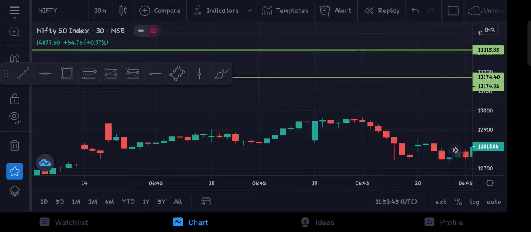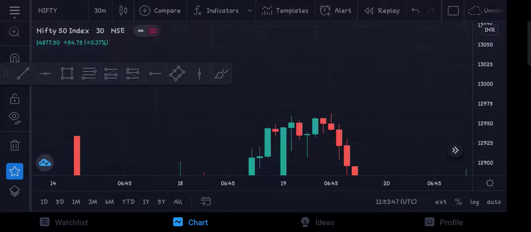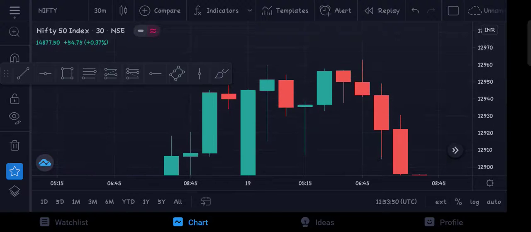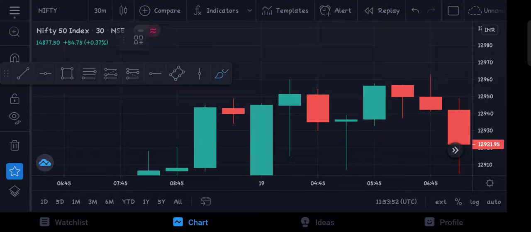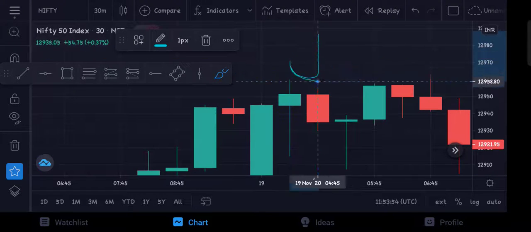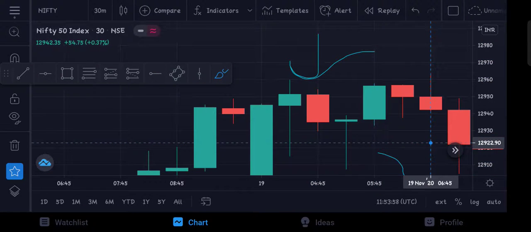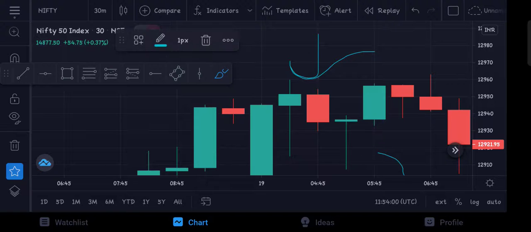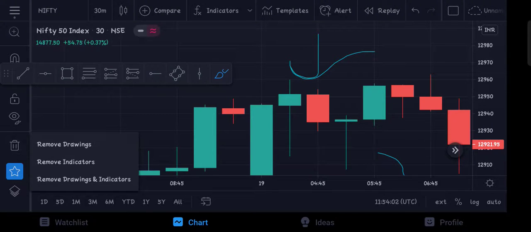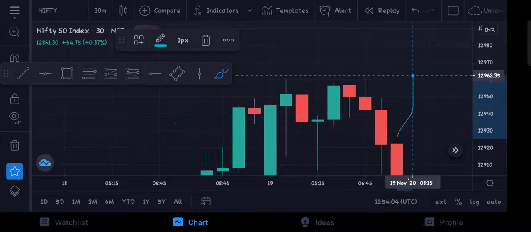Okay, here it is, guys. Can you see? There is a bullish pin bar candle here.